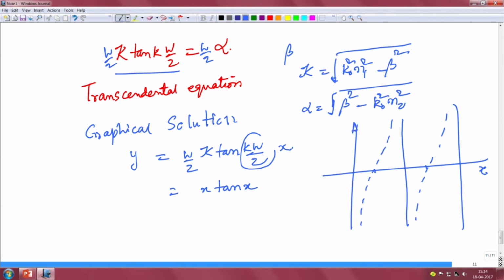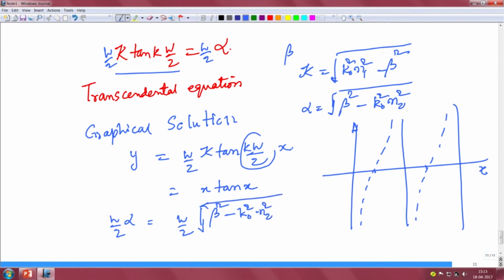Similarly, the right hand side of the equation, if we look at the definitions of alpha and k, can be written in terms of k again. So, w by 2 alpha can be written in terms of k as follows.